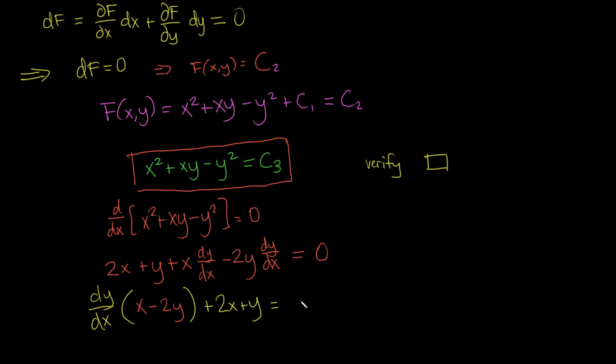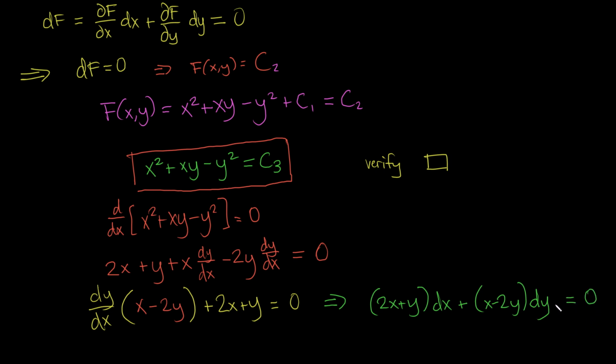Now, if we simply multiply by dx, and maybe reverse the order, what we get is that this implies 2x plus y times dx plus x minus 2y times dy equals 0.